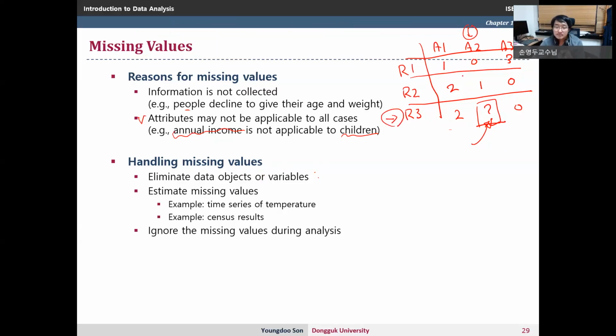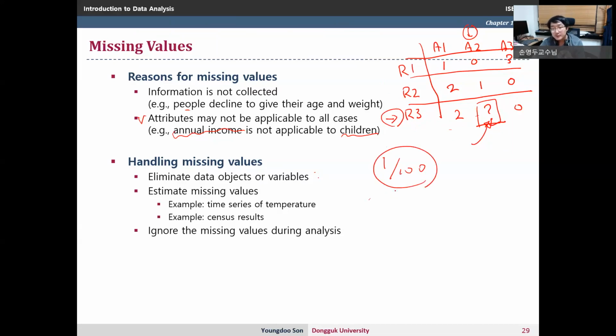However, if the records or attributes with missing values are very small in number, for example, only 1 out of 100 records has missing values, we can easily delete that record.